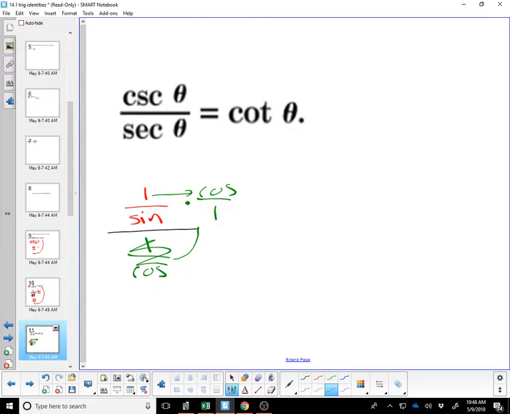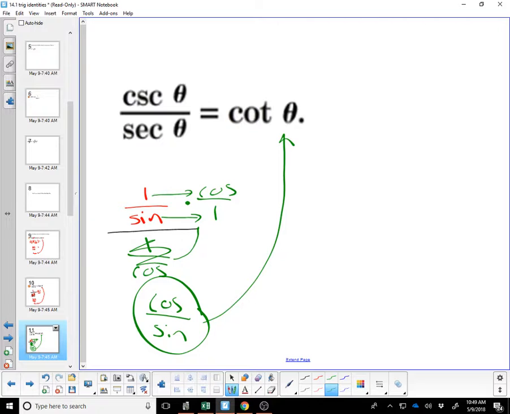So 1 times cosine is cosine. Sine times 1 is sine. Oh, wait a minute. That is the definition of cotangent. So I'm done. See what I did? I always convert everything to sine and cosine. Not tan, just sine and cosine. And then see what happens, what I can do, and things usually work themselves out. Okay.